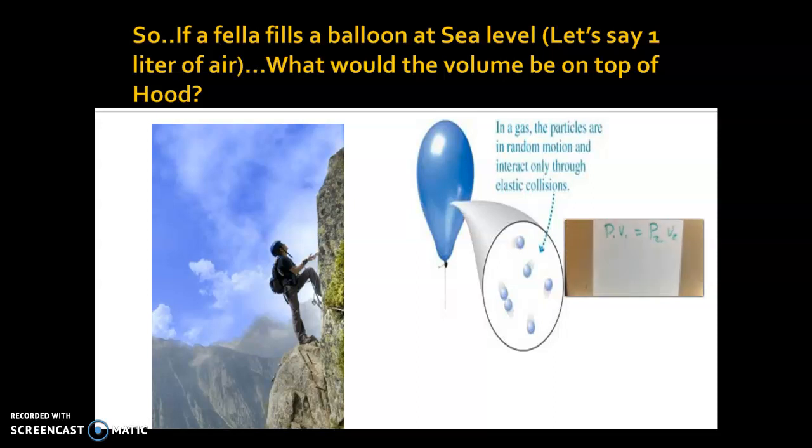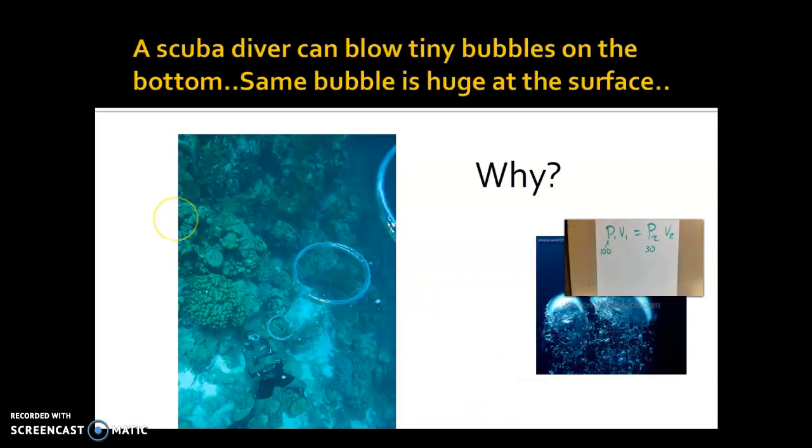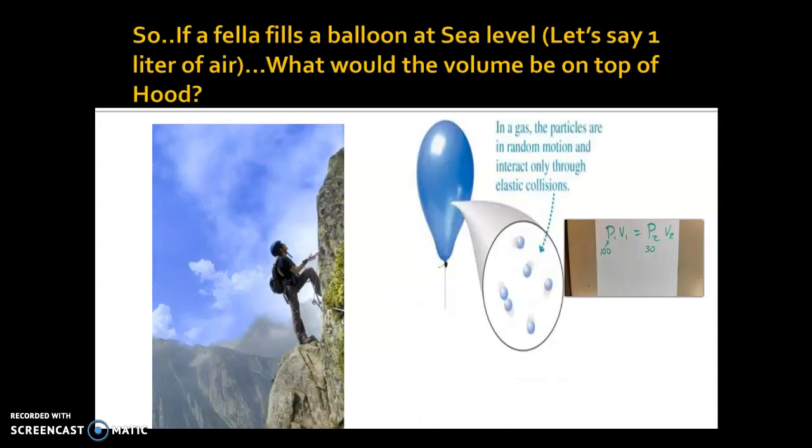And this problem says that at the beach there's 100 kilopascals, and Mount Hood's 30 kilopascals. Okay, and so if the volume is 1 liter at sea level, okay, so we go 100 times 1 liter, what would that equal here?